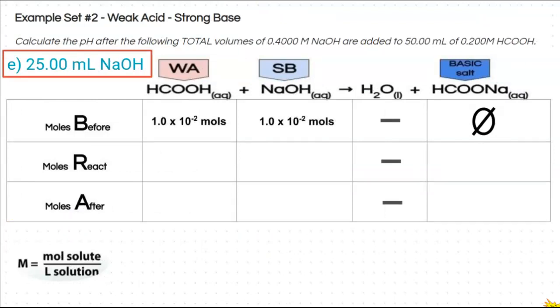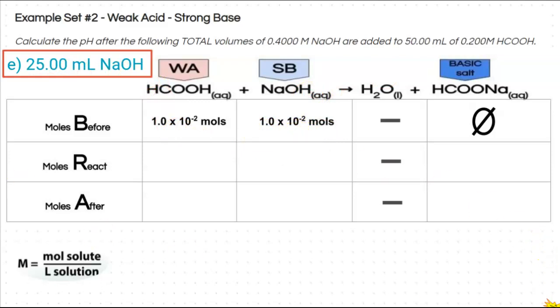When I look at this calculation, again, I have plugged in my moles. And so I have the same 1 times 10 to the negative 2 moles of my methanoic acid. But when I calculate the moles for my base using 0.4 molarity and 25 milliliters, my moles calculate to be 1 times 10 to the negative 2.